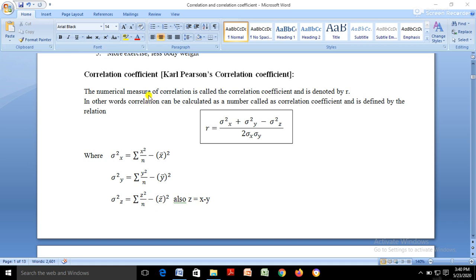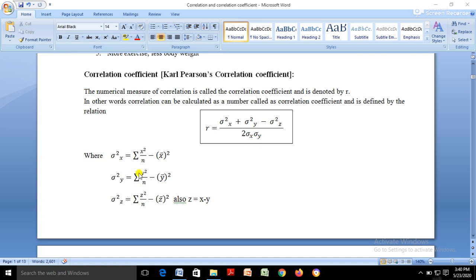So the correlation coefficient, or Pearson coefficient, is the numerical measure of correlation. It is denoted by the small r and defined as r is equal to (sigma square x plus sigma square y minus sigma square z) divided by (2 into sigma x into sigma y).